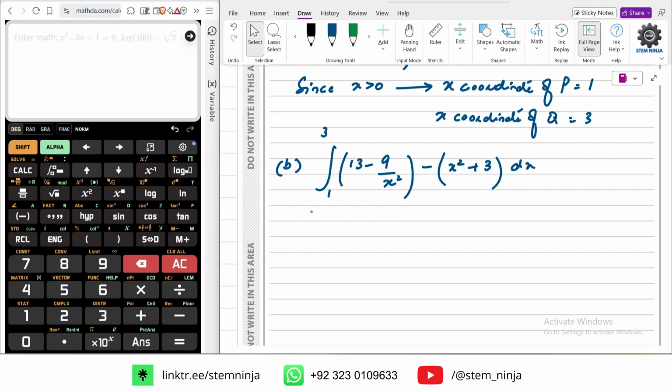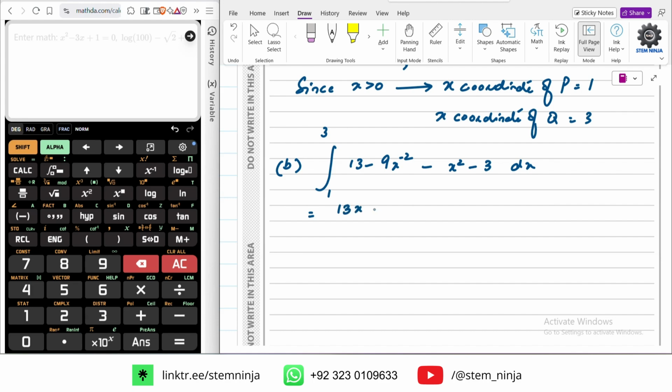So what we can do over here, be careful with the sign. We can rewrite it, and this would become minus. Now we can remove the brackets. Right, okay, now we can integrate it easily. Alright, now integration is straightforward.